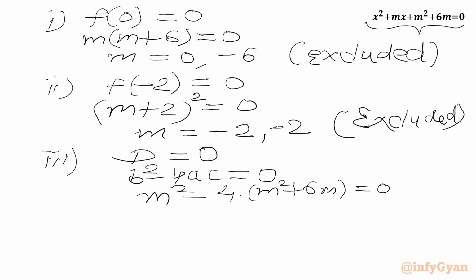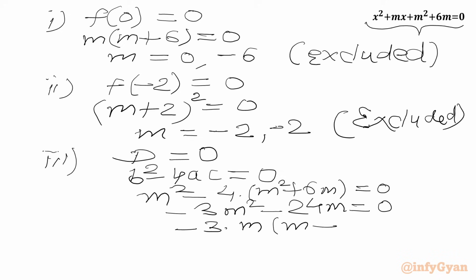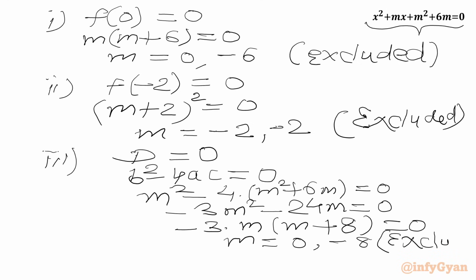Now we simplify and write minus 3m square minus 24m equal to 0. Now minus 3 is common, m is also common. In the bracket, m plus 8 equal to 0. So from here we are getting m equal to 0, m equal to -8. Both points are excluded as per our answer. So there is no constraint for our answer.